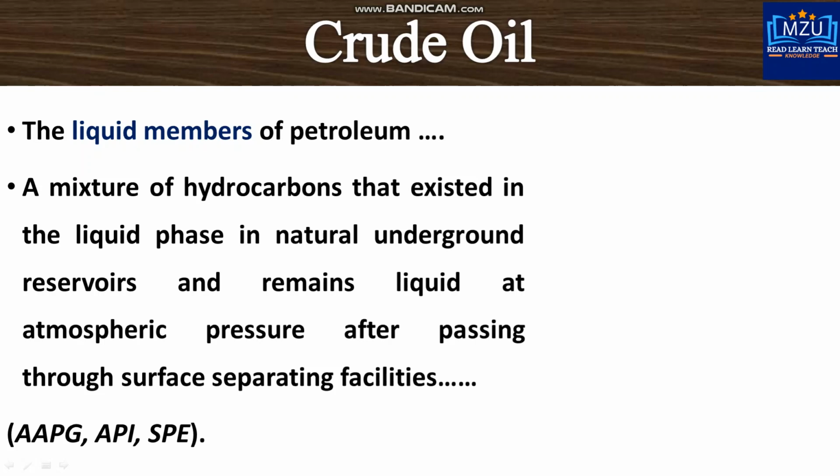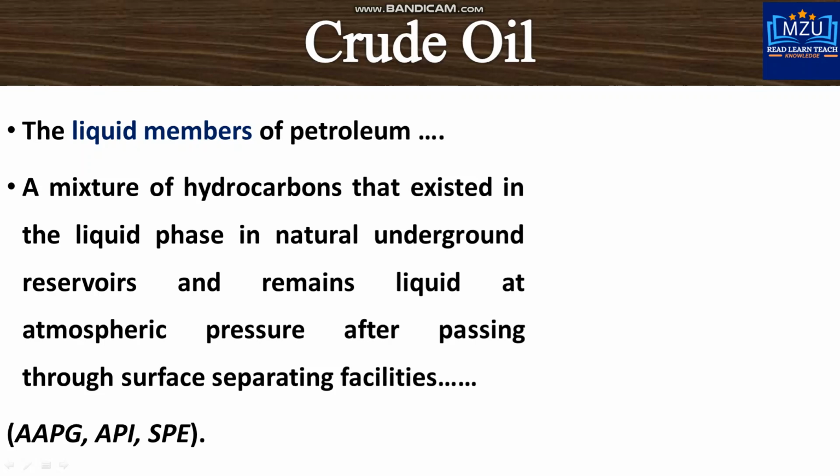Crude oil is actually that mixture of hydrocarbons which occurs in liquid phase in natural underground reservoirs, and that mixture also remains liquid at the surface or at atmospheric pressure after passing through certain surface separating facilities.